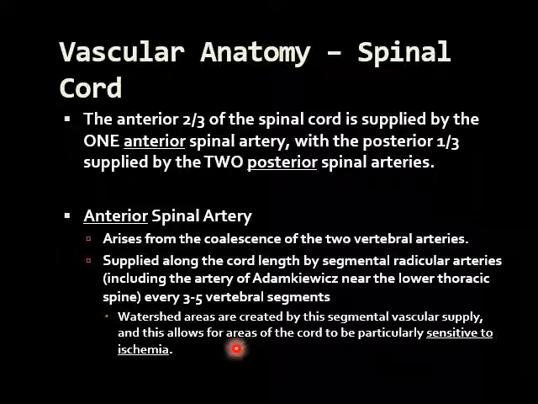One of them is a famous one called the artery of Adamkiewicz, which arises near the lower thoracic region and supplies 3 to 5 segments.